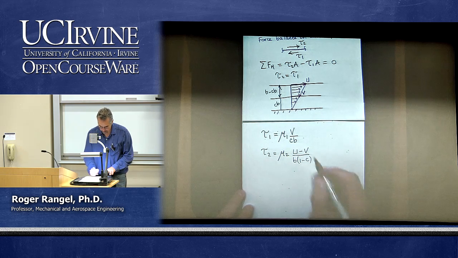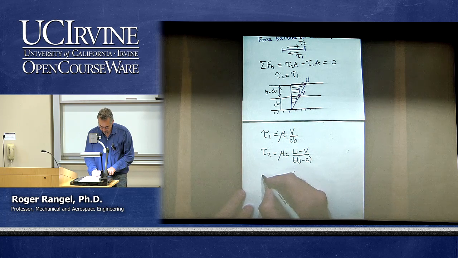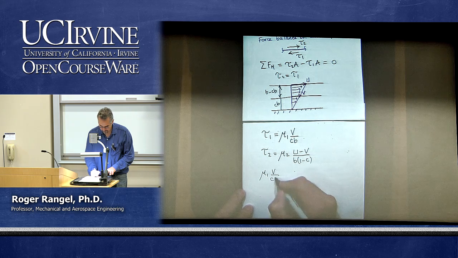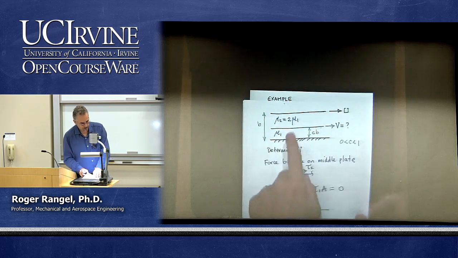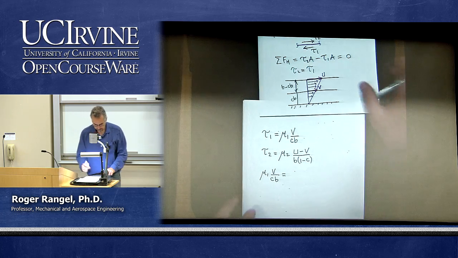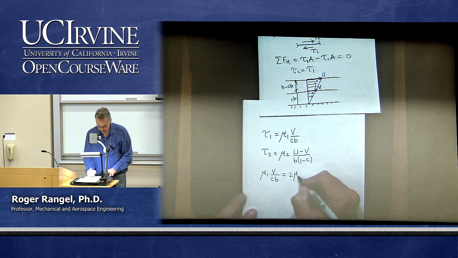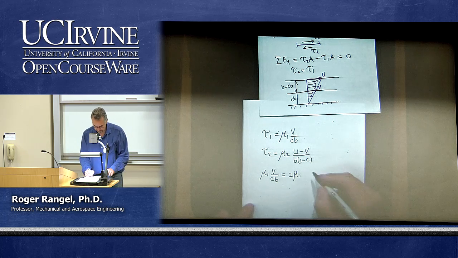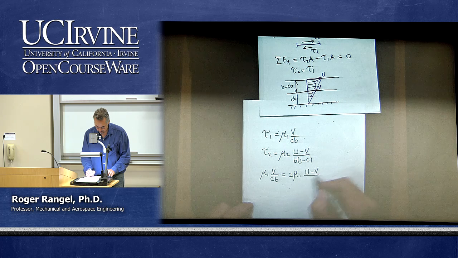So I just say tau 1 equals tau 2, and then I can write mu 1 V over cb equals mu 2. But let's go ahead and use the fact that mu 2 is twice mu 1. And then U minus V over b times 1 minus c is my expression.